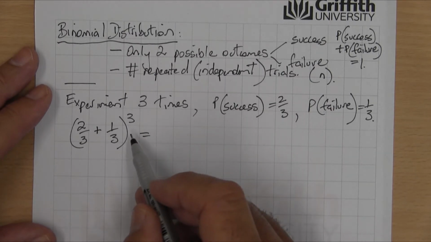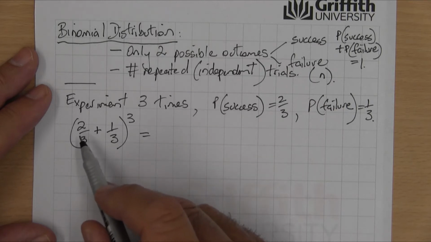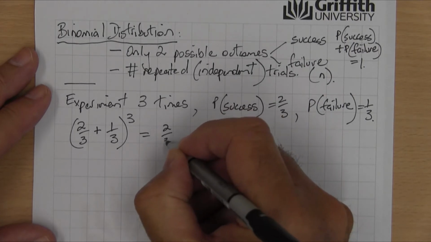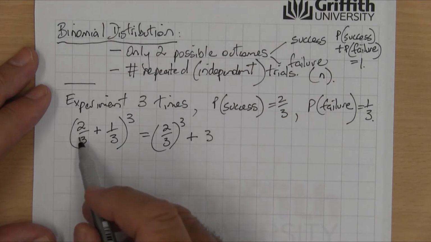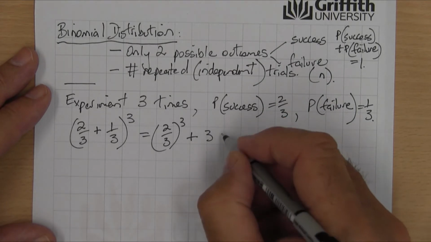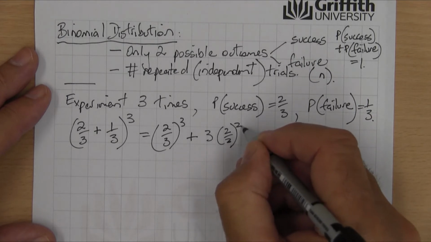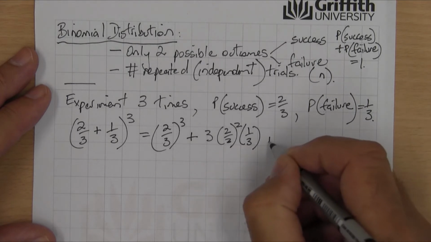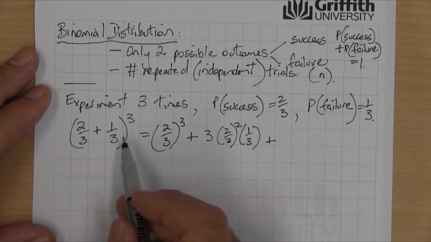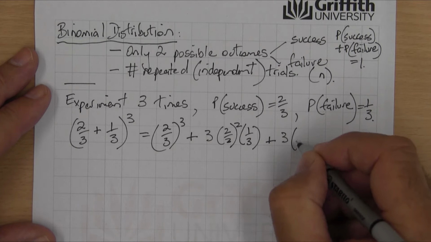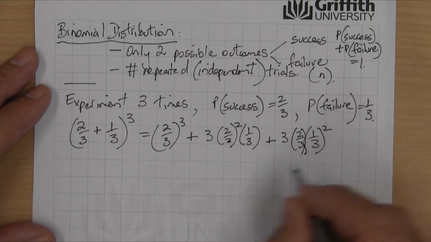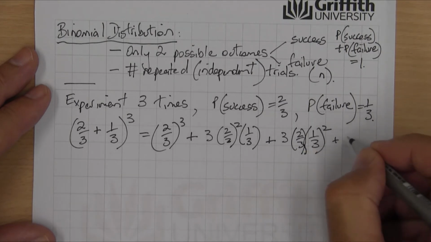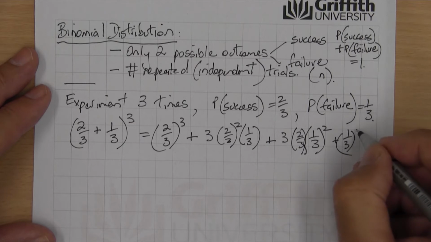But if we know our expansion for, say, a plus b to the power of 3 will be a to the power of 3, so that's 2/3 to the power of 3, plus 3 a squared b, so it'll be 3 times 2/3 squared b, plus 3 a b squared, so 3 times 2/3 times 1/3 squared, plus b cubed, plus 1/3 all raised to the power of 3.